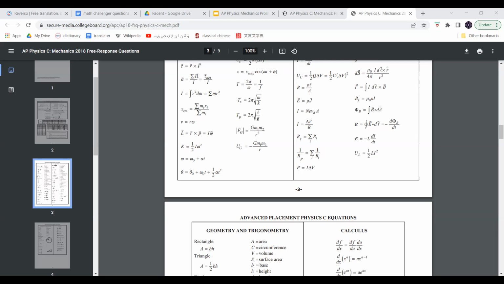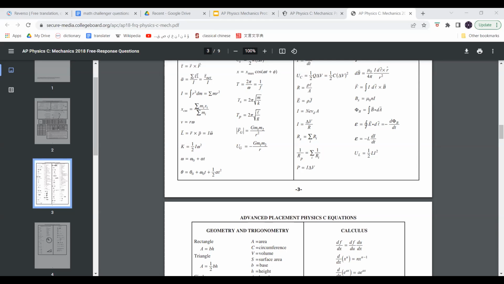And then the other type is your spring stuff, which doesn't matter as much.